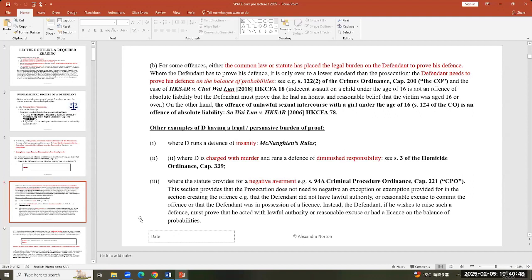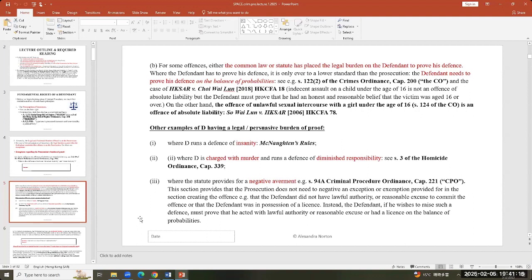They don't need to prove that the defendant did not have lawful authority, okay? If the defendant wants to run that defense, he has to establish that he did have a license, he did have lawful authority, he did have a reasonable excuse. In other words, the onus, the burden of proof is placed on the defendant.